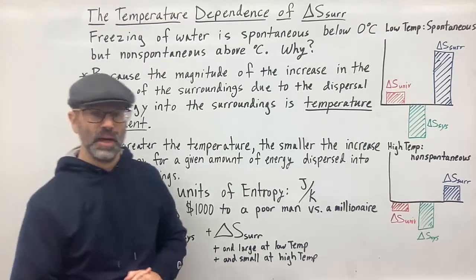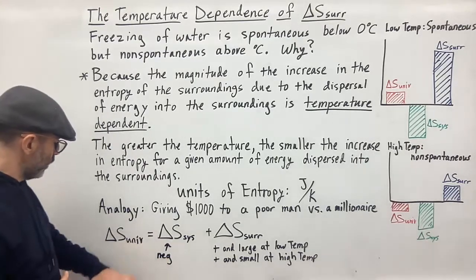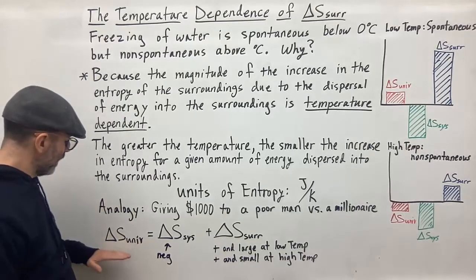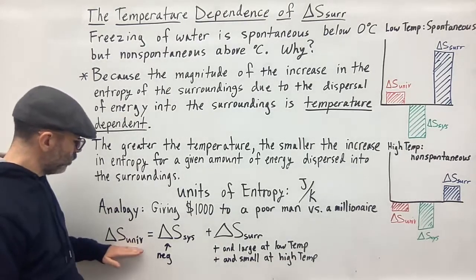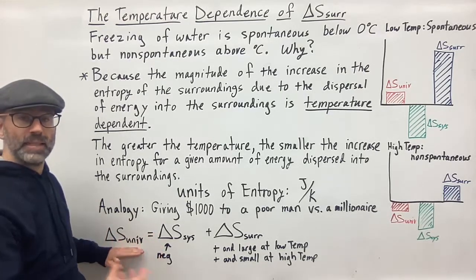And so keep in mind, coming back here, the key is that the entropy of the universe has to increase. If the entropy of the universe increases, that's going to be a spontaneous process.